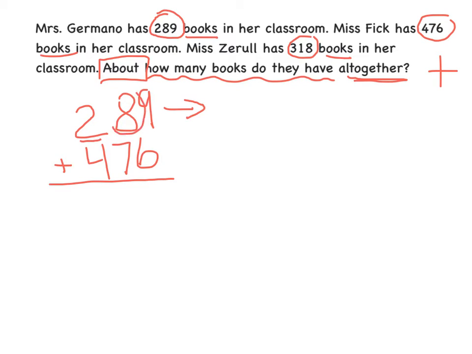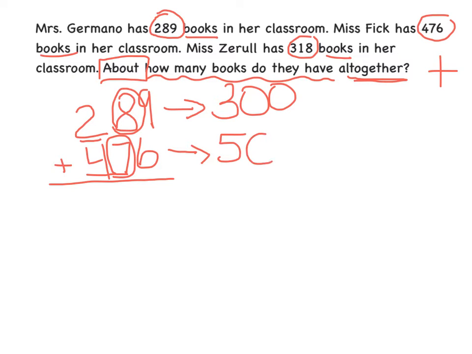I'm going to circle next door. 289 rounds to 300. You can use any strategy that you want. Then I'm going to round 476 to the hundreds place because that's the greatest place value, and 476 rounds to 500. I'm going to bring my plus sign over to remind myself that I am adding. And 300 plus 500 is 800.